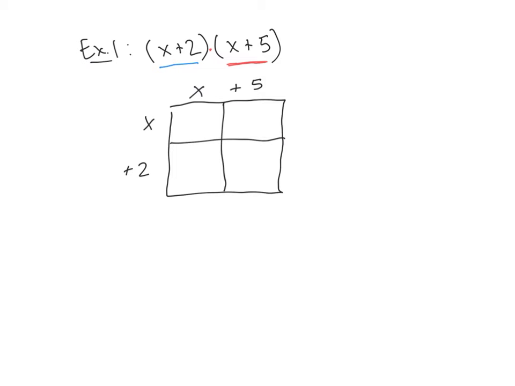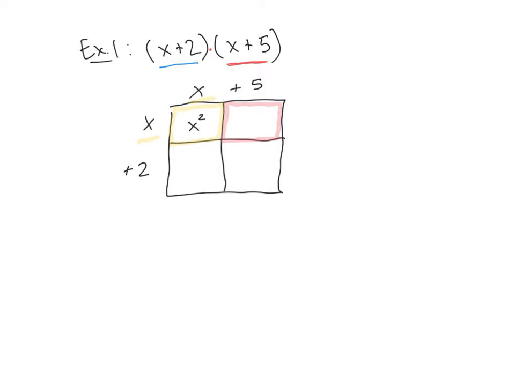Then we're going to multiply into each box. When I look at this box, I'm going to multiply x by x, and when I multiply x by x, I get x squared. For the next one, I'm going to take a look at this box here.